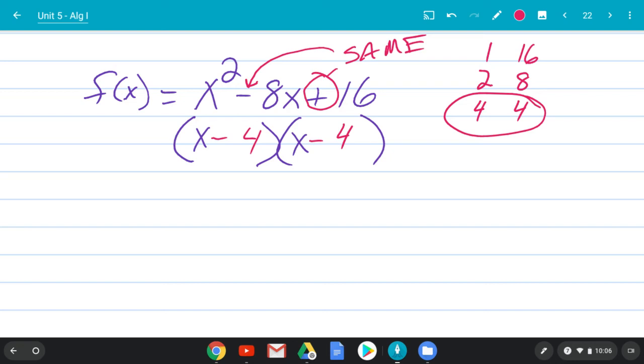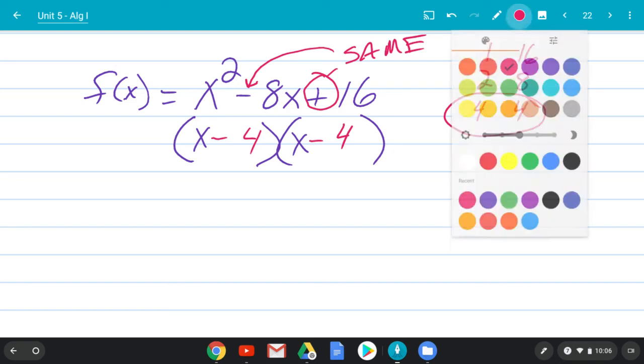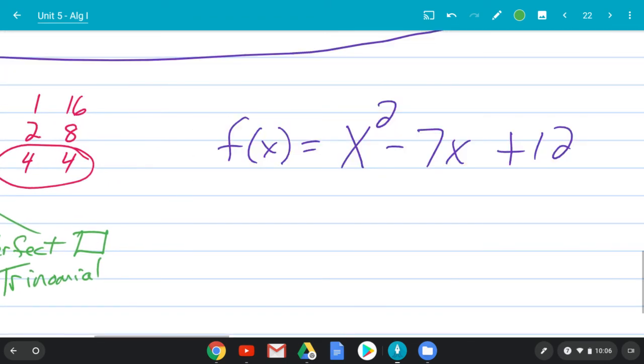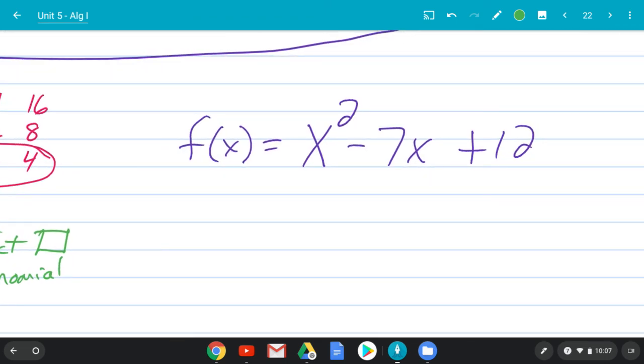Hey, side note, this thing right here is a perfect square trinomial. Perfect square trinomial. Okay, just throwing that out there. Let's do another one.